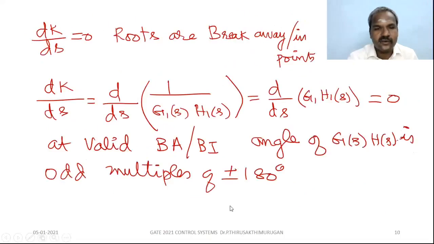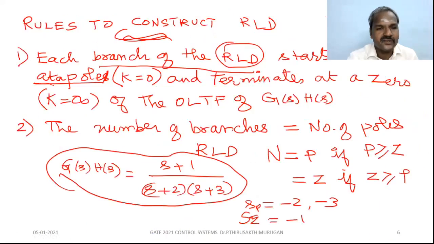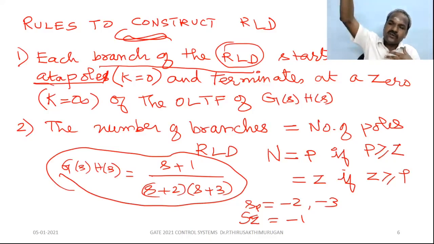So please go back. See, first rule, keep in your mind, each branch of the root loci starts at a pole and terminates at a zero. If sufficient zeros are not there, the branches terminate at K equal to infinity.